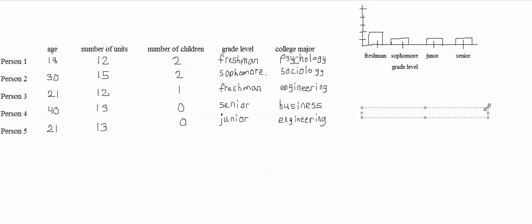So let's put the values down here. And since it's a column of nominal data, the values don't have a clear order to them like they did over here. Since this was a column of ordinal data, it was clear what order we should put these values in.